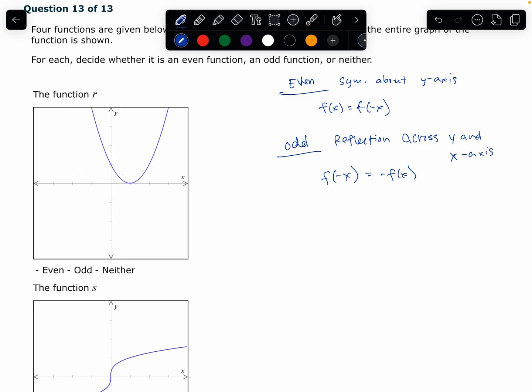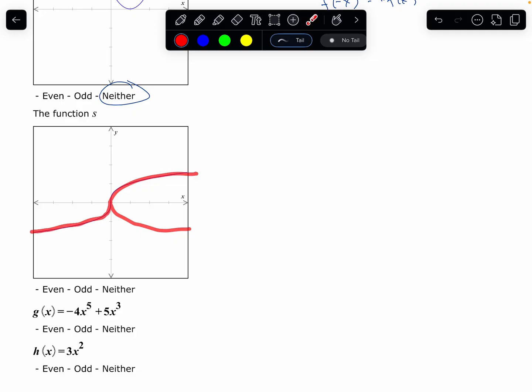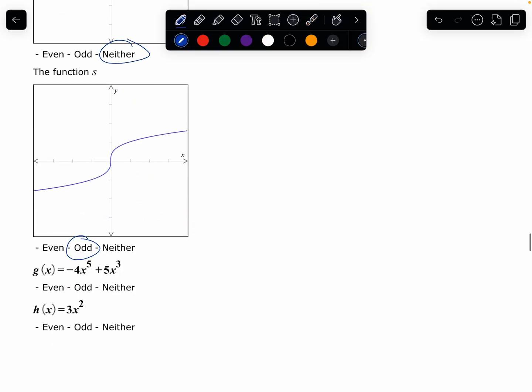So this one is neither. For the other one, it's not going to be even because you can't reflect it across this axis right here. But if you reflect this part across the y-axis and then across the x-axis, you would get the same thing. So this one would have to be odd.